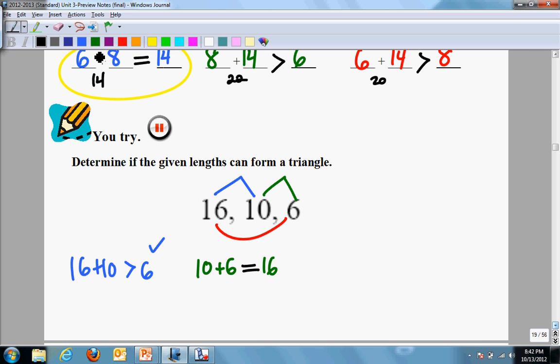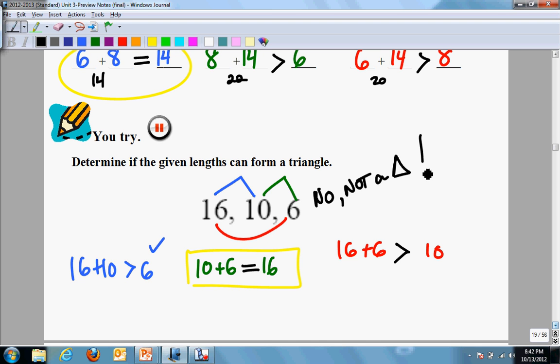That's equal. Let's try the red. 16 plus 6 and 10. That's greater than. However, because this middle one is equal, these lengths here are not a triangle. Did you guess correctly? If you didn't, please change.